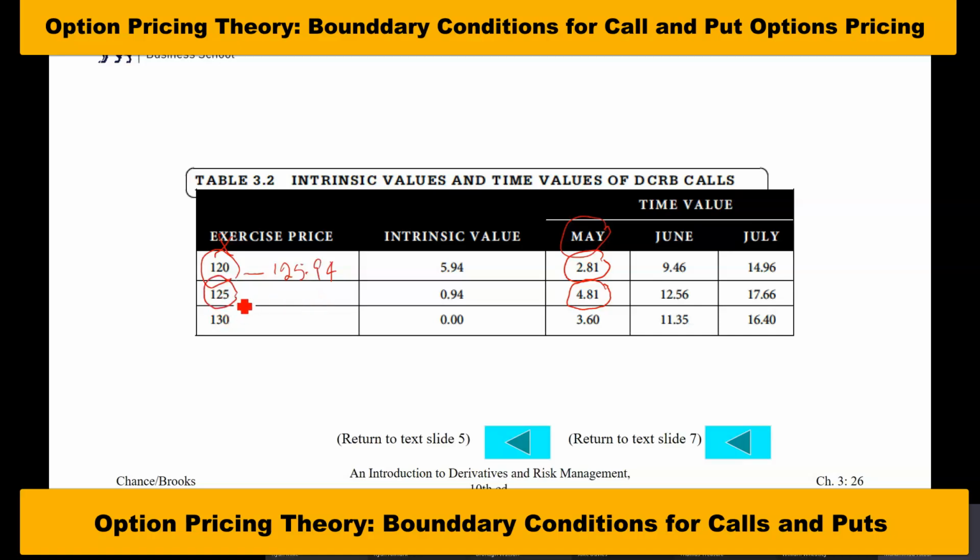And this option has an exercise price, which again we compare against the current stock price of 125.94. Though the intrinsic value of this call is lower than the intrinsic value of the 120 call, we see that the time value of money is the maximum for the option that has the exercise price closer to the current stock price.